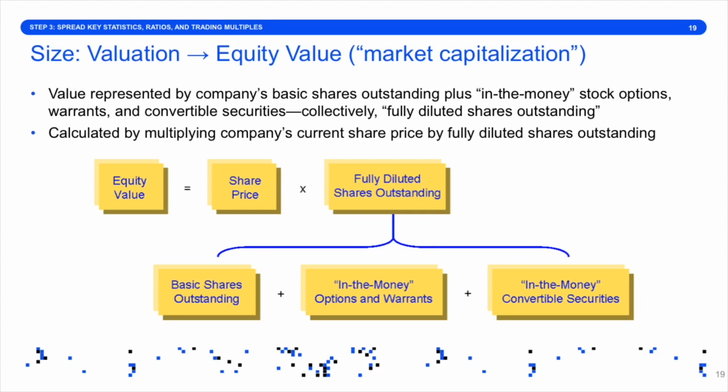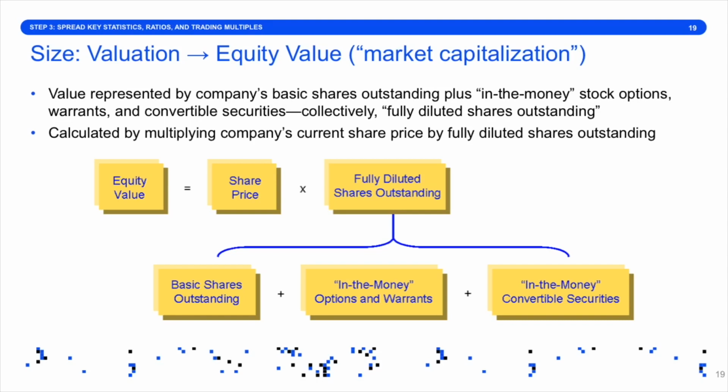And so usually in valuation, when we look at ratios, we cannot only look at the number of shares outstanding, we also have to look at all the possible shares that will likely be created during the next 12 months, for example. And so we need to do basic shares outstanding plus the other stuff. Okay?